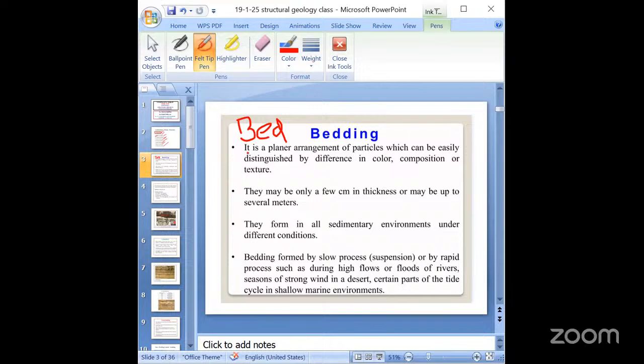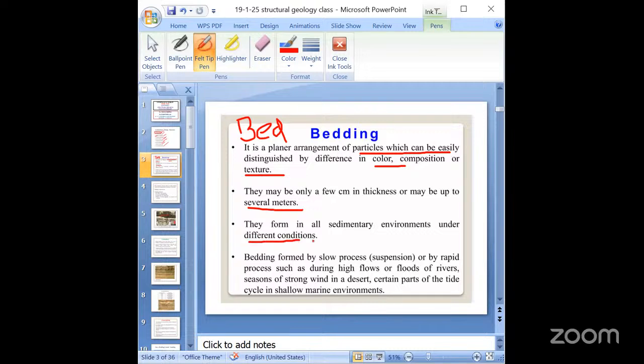It is a planar arrangement of particles which can be easily distinguished by differences in color, composition, size, and also texture, right? They may be only a few centimeters in thickness or up to several meters.